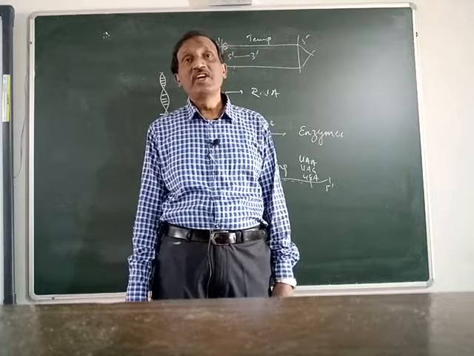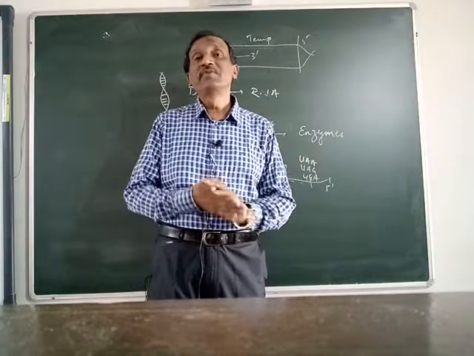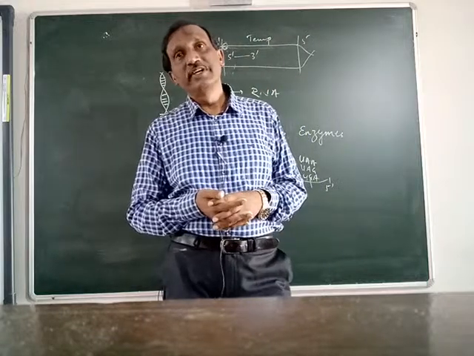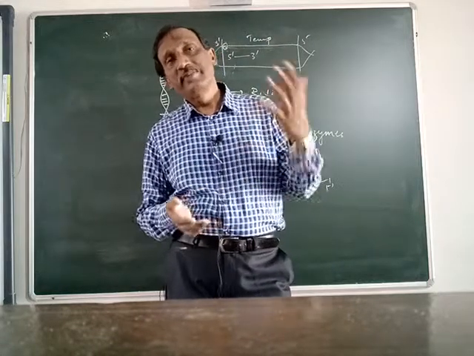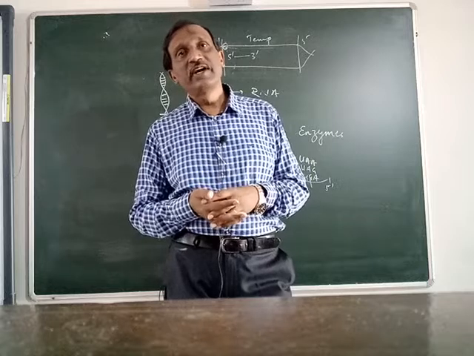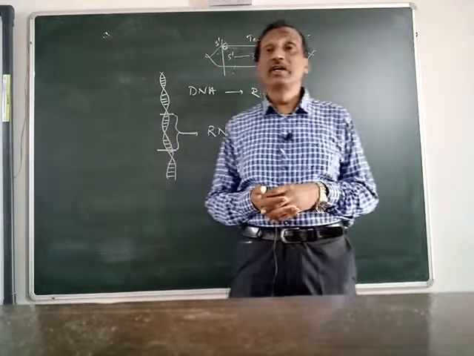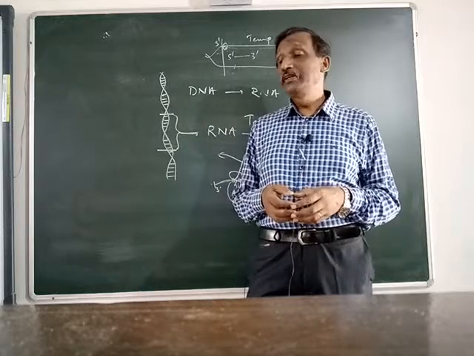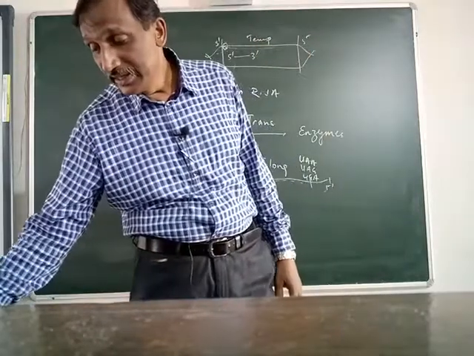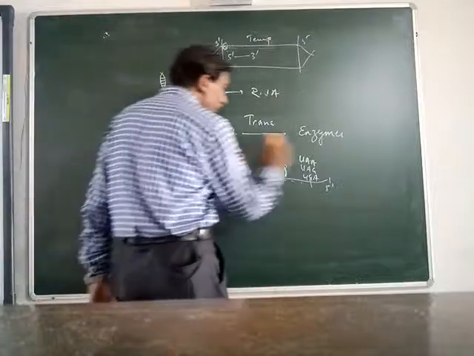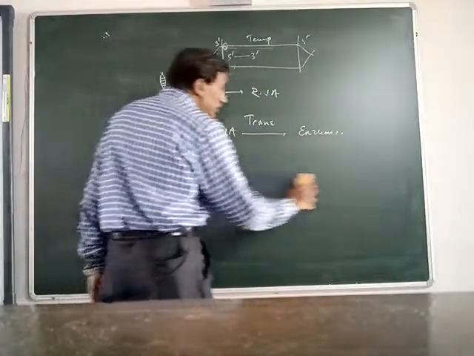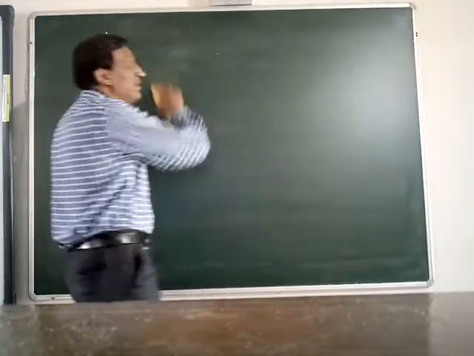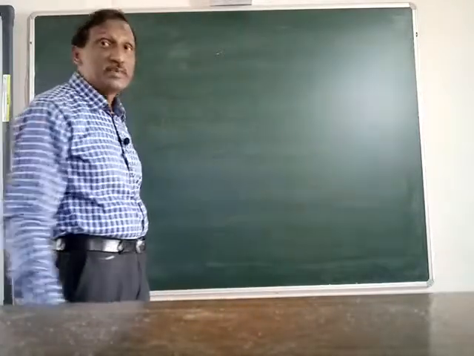Now bioinformatics was first required when HGP, that is the Human Genome Project, was studied. As in the previous class, we already discussed why HGP is called a mega project. The information written in the entire DNA of a human being is about 3 into 10 to the power 9, that is 3 billion nitrogen bases.